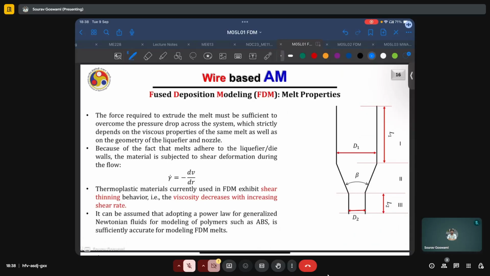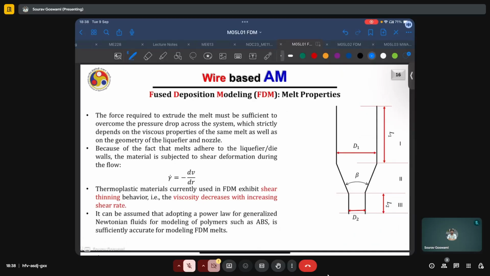Now, the force required to extrude the melt must be sufficient to overcome the pressure drop across the system, which strictly depends on the viscous properties of the melt as well as on the geometry of the liquefier and nozzle. Because melts adhere to the liquefier walls and diverge, the material is subjected to shear deformation given by the rate of shear deformation gamma dot equals minus dV/dr.